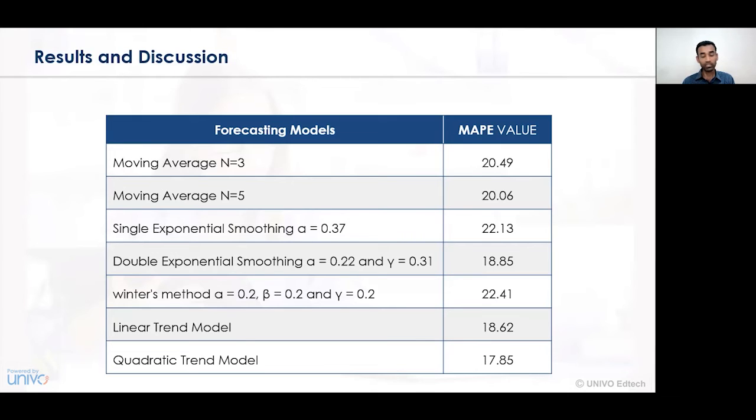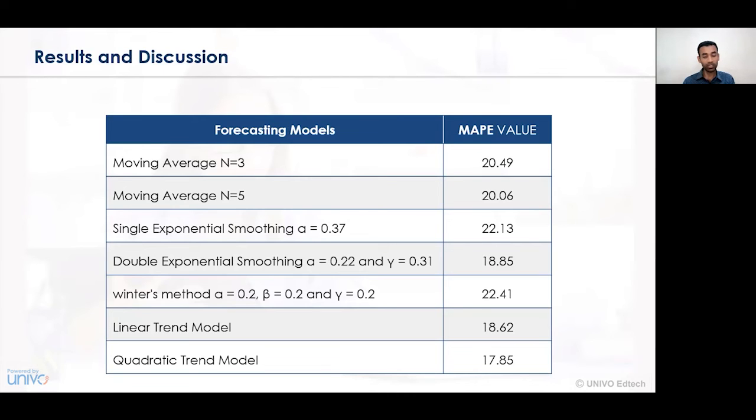The MAPE value with respect to the moving average, that is N3, is 20.49. The moving average N5 is 20.06. The single exponential smoothing, with alpha 0.37, gives a MAPE value of 22.13. The double exponential smoothing with respect to alpha and beta, that is gamma, is 18.85.